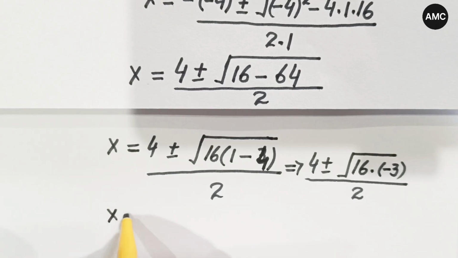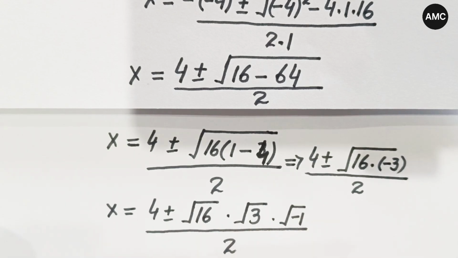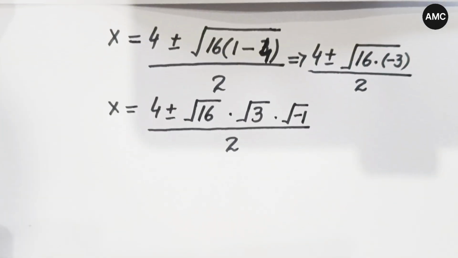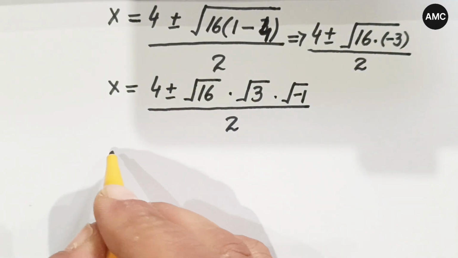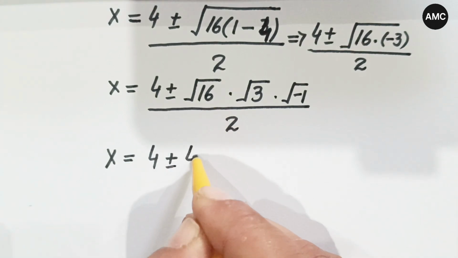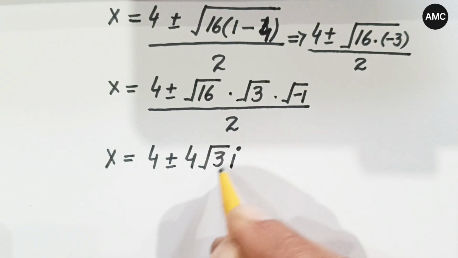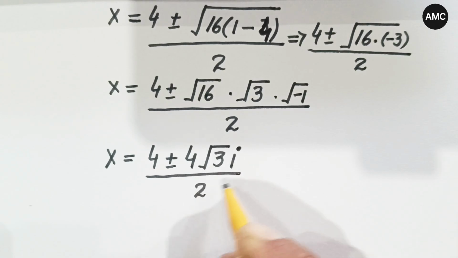So here we have x is equal to 4 plus minus, it can be written as square root of 16 times square root of 3 times square root of minus 1, all over 2. Now x is equal to 4 plus minus square root of 16 is equal to 4, times square root of 3, and square root of minus 1 is equal to i, all over 2.